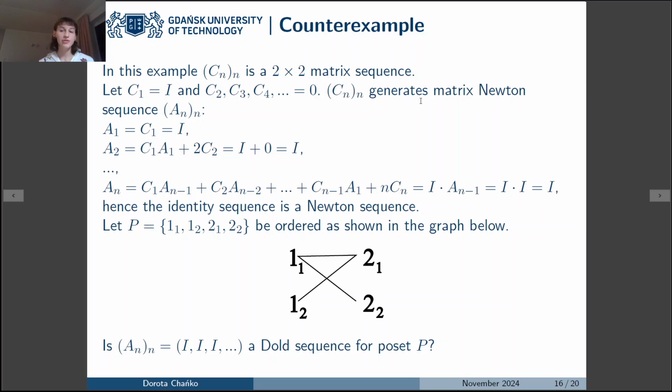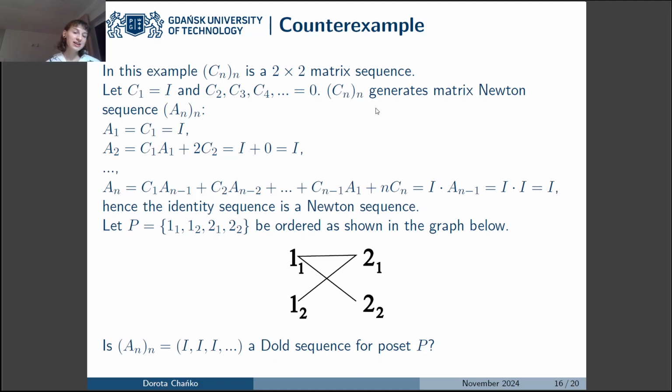So C_n generates matrix Newton sequence A_n in such way that A_1 is C_1, which is identity, A_2 is C_1 times A_1 plus 2C_2, which is identity plus 0, which is identity, and so on. So the identity sequence is a Newton sequence generated by the sequence identity, 0, 0, 0.